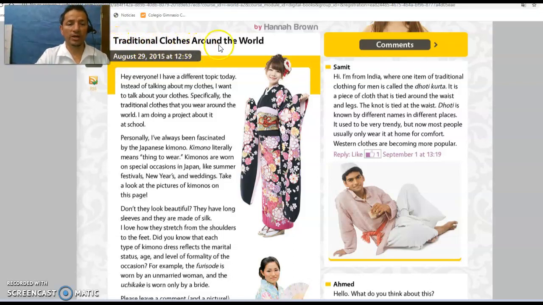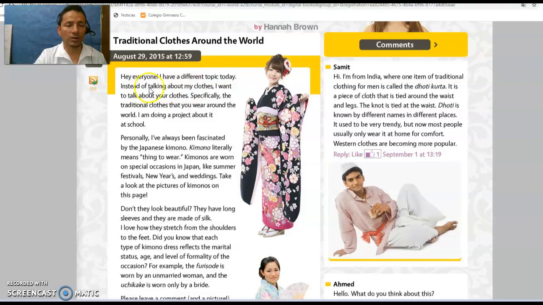Traditional clothes around the world. August 29, 2015 at 12:59. Hey, everyone, I have a different topic today.